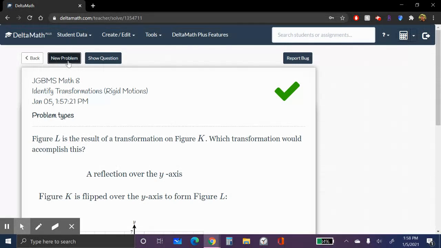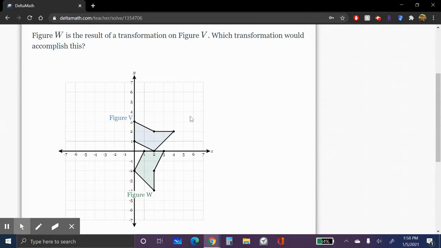All right, let's try another one. Oh, this one looks a little funky, right? It's not being reflected. It's not the mirror image. It's also not slid. It says W is the result of figure V. So it goes from V to W, right? So it's not being slid down here.